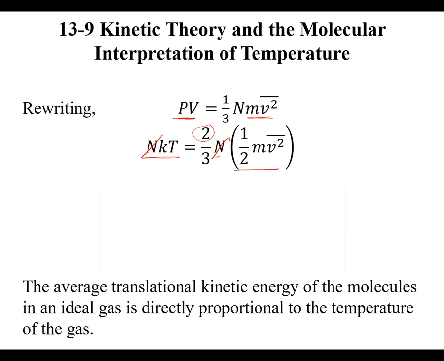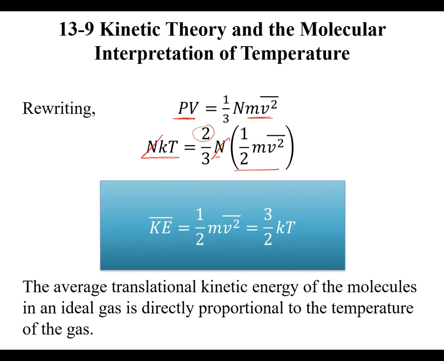And if you solve for the 1/2 mv squared, you get that the average kinetic energy of molecules in an ideal gas equals 1/2 of the mass times velocity squared. Now we're talking average velocity squared, or mean velocity squared. And that's going to equal 3/2 kT. Bottom line, the average translational kinetic energy is proportional to temperature.